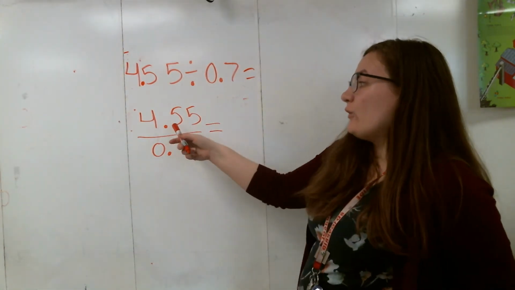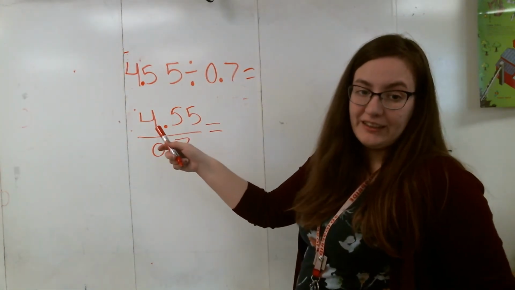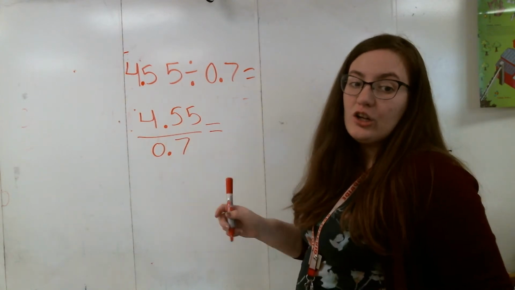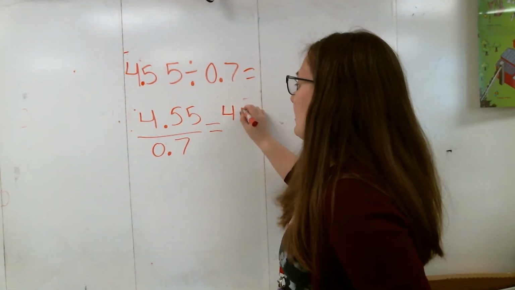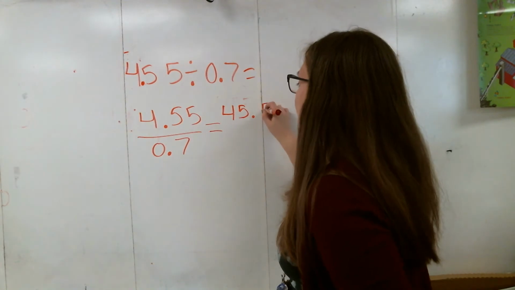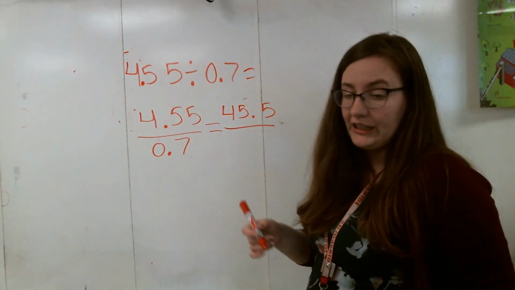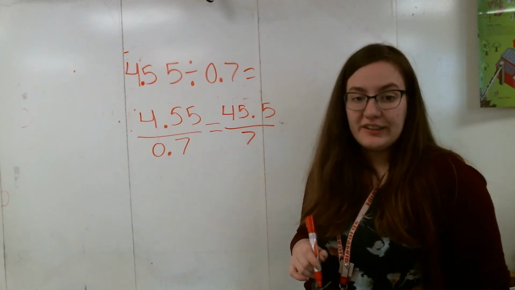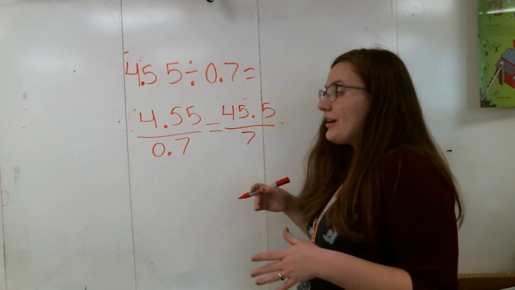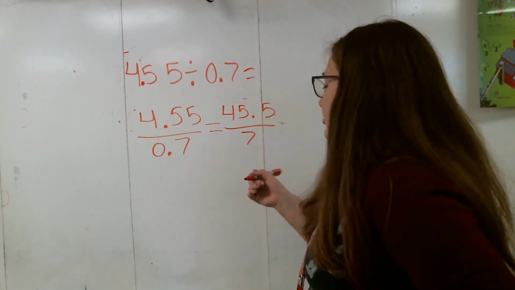So if I have 4 and 55/100, that means I'm moving this decimal place over once to the right. So that's going to give me 45 and 5/10 all over 7. So it's a little bit different from before. Same numbers, just different values.